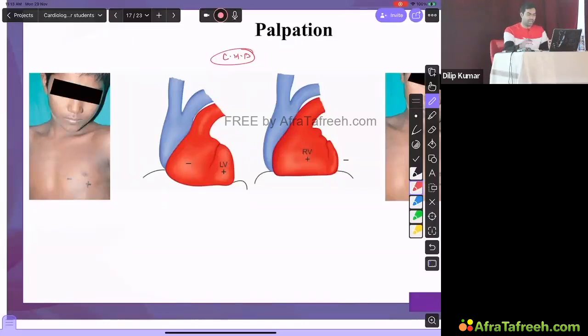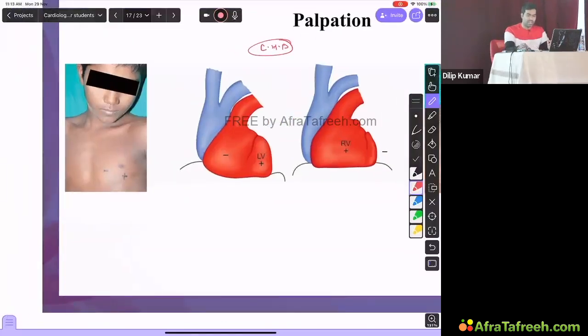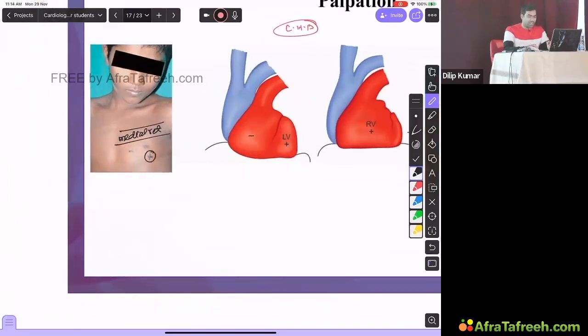This phenomenon is what we refer to as medial retraction, as you can see here. So what do you mean by the term medial retraction? Medial retraction means you see the apical impulse denoted by plus, but the area medial to the apical impulse will appear as if it's moving inward.